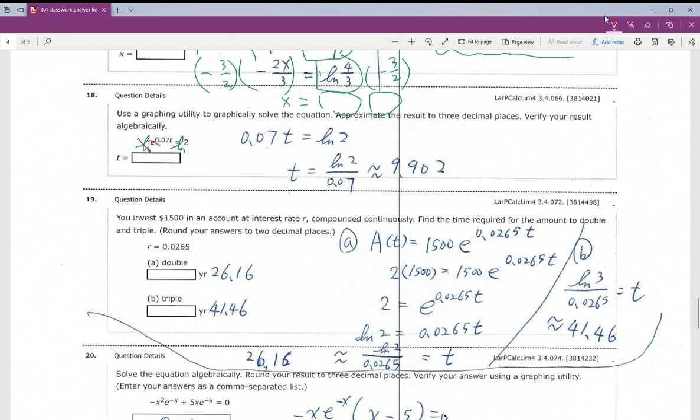You cancel out and copy whatever is left over. Then you can solve for t. Number 19.